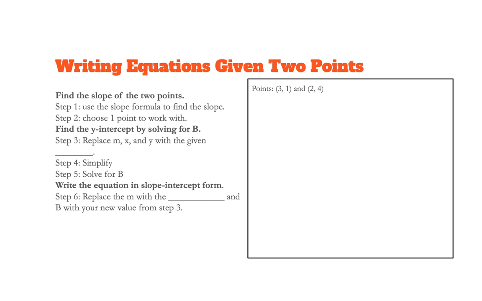From there, once you've found the slope and you've picked a point, it's the same thing as we did in the problem before. We will replace m and x and y with the given values, and then we simplify. We solve for b.